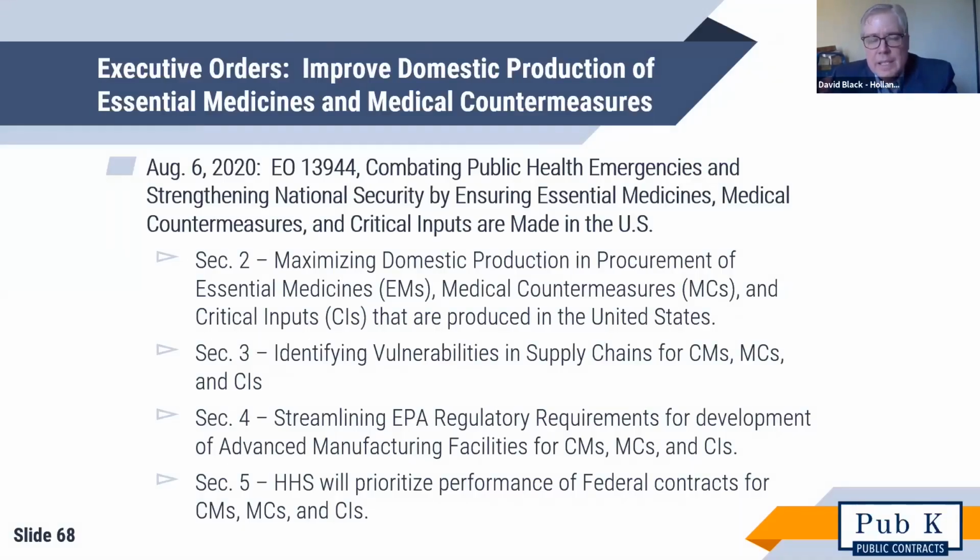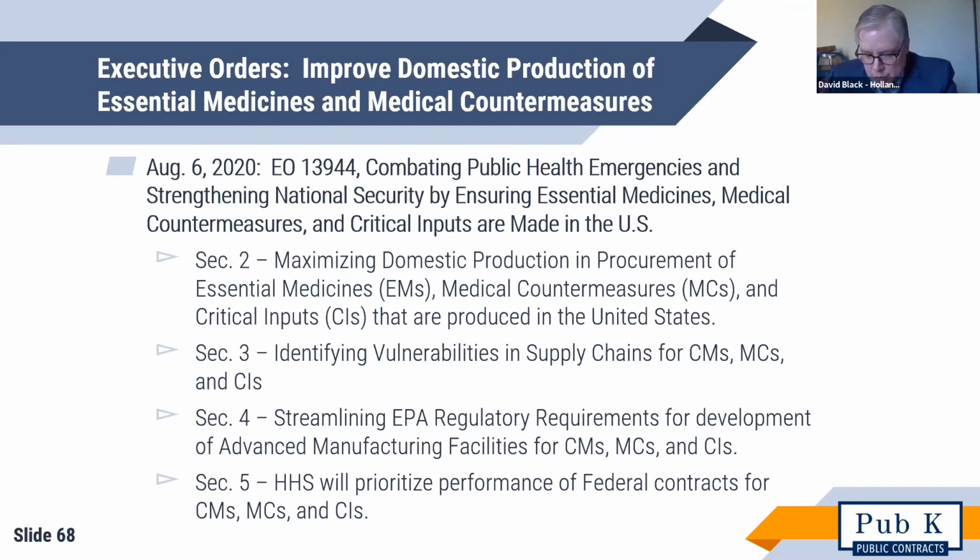Then on August 6th, this is sort of a follow-on regarding the pandemic. Executive Order 13944, combating public health emergencies and strengthening national security by ensuring essential medicines, medical countermeasures, and critical inputs are made in the U.S. You'll see a similar topic covered by a Biden executive order that was issued in the past week.